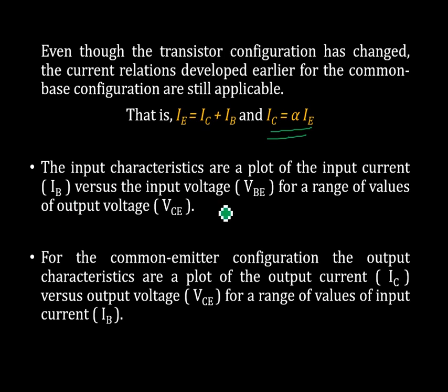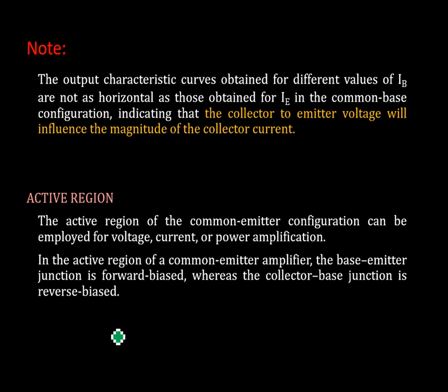Along with that, we have plotted the input characteristic and the output characteristic. The input characteristic is a plot between IB and VBE for constant output voltage VCE, and for common emitter configuration, the output characteristic is the plot of output current versus output voltage for different values of input current IB. We have seen that.